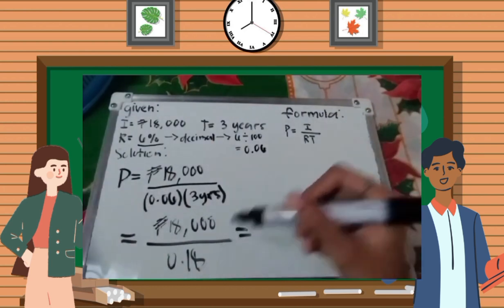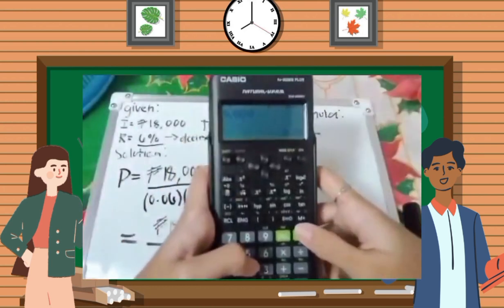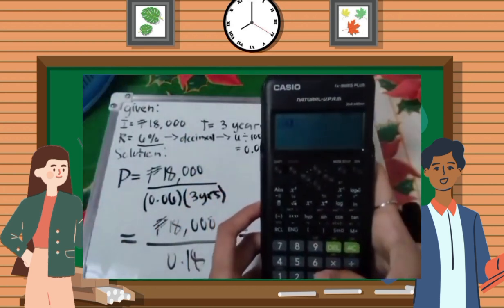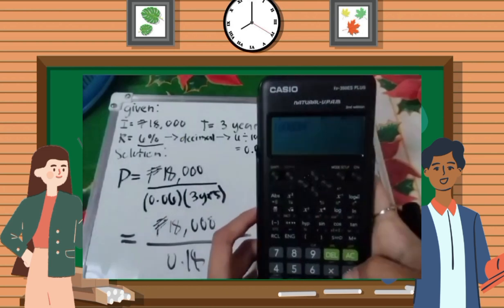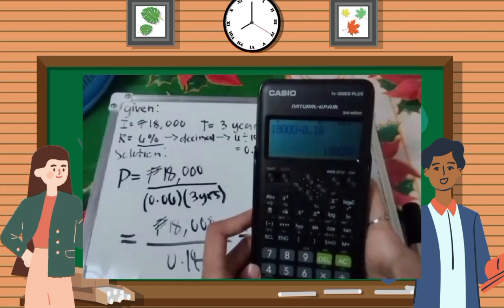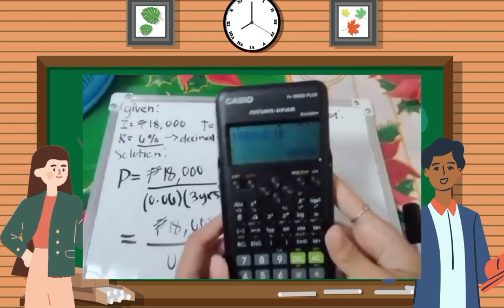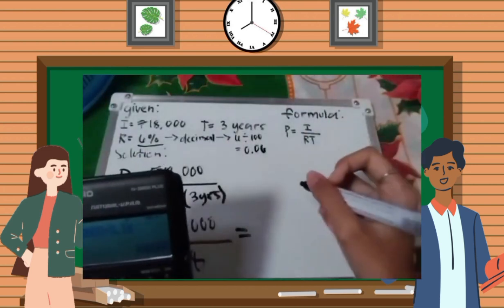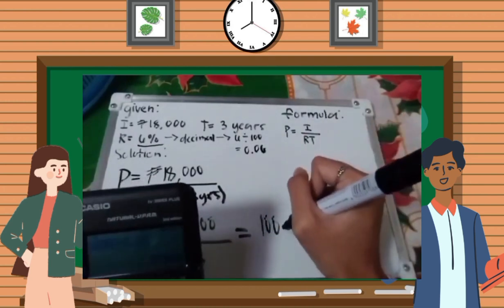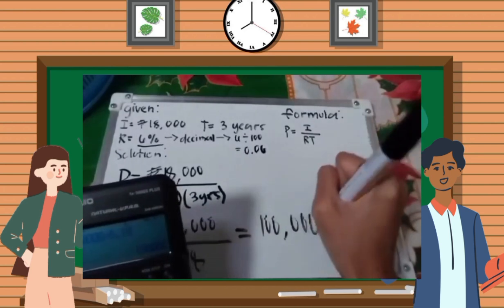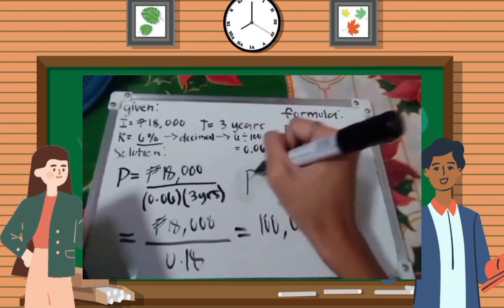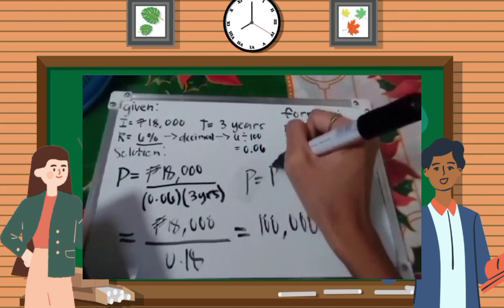Ang gagawin natin ay i-divide ang 18,000 pesos sa 0.18. Ang magiging answer po natin ay 100,000 pesos. So, ang final answer po natin ay 100,000 pesos.